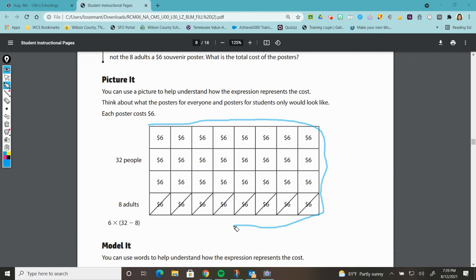Take a second or a few seconds to figure out how many boxes there are all together. There are 32 boxes for the 32 people that are going on this trip.